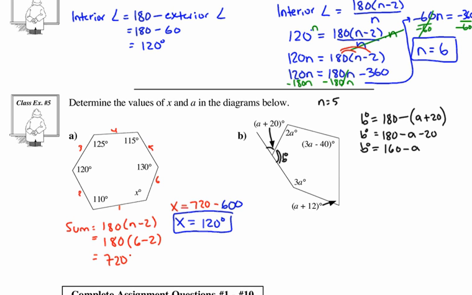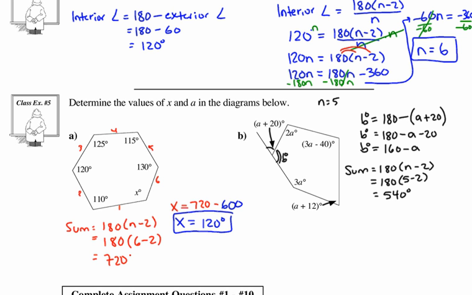Now, if there's 5 sides, we can figure out what A is because we know what the total sum is going to be, right? How do we do that? Well, the sum of all our angles is always 180 times (n minus 2). So our sum is going to be 180 times (5 minus 2), or 540. 540 degrees. And so how can we figure out what A is?